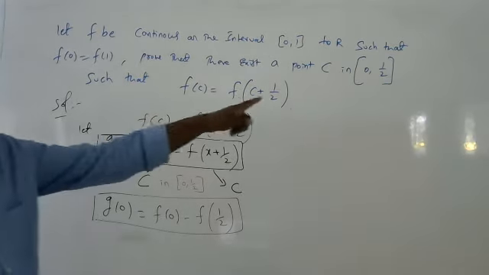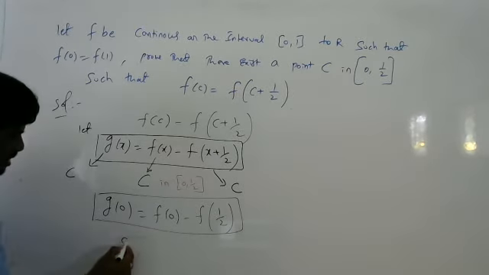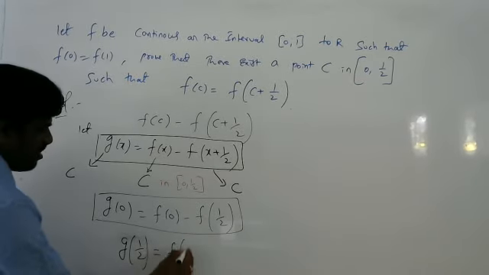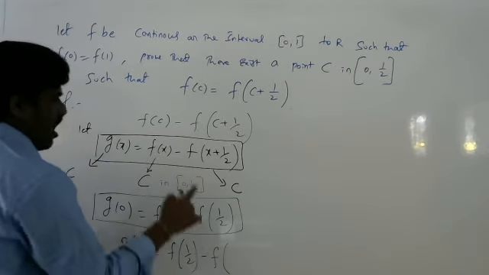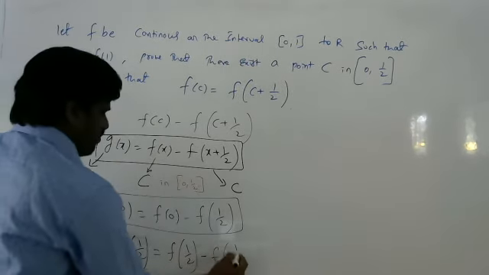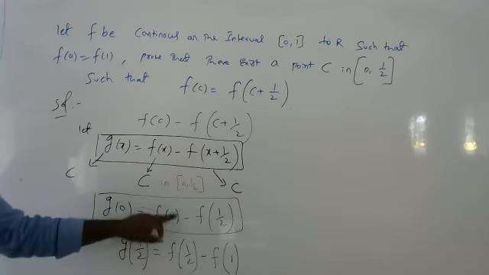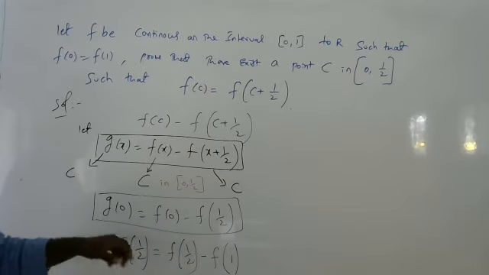Now I have to substitute g of half. Is it visible here? If I substitute g of half, I get f of half minus f of half plus half, and half plus half will be 1. What did I do, anything wrong?